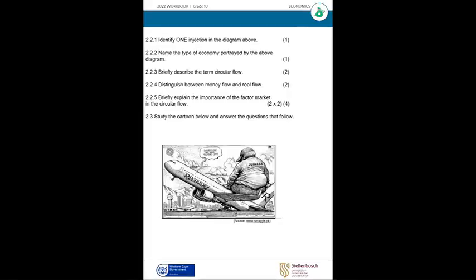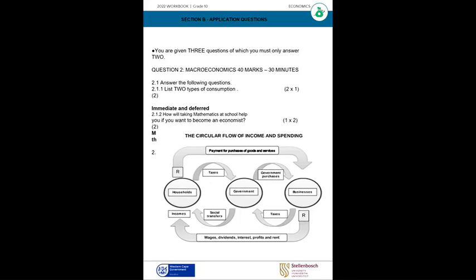But now the question says, identify one injection in the diagram. So we need to go back to the diagram and actually look at where they speak about government spending, exports or investments, right? Now there's taxes, there they've got government purchases, right?